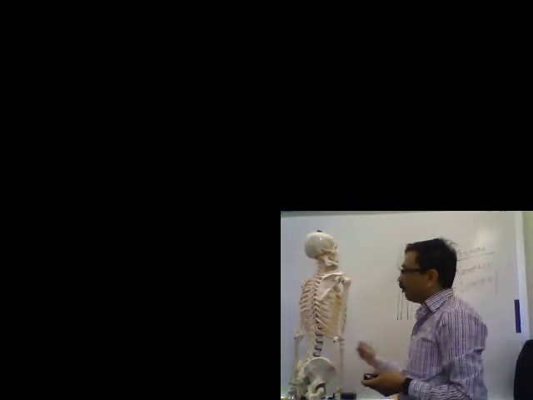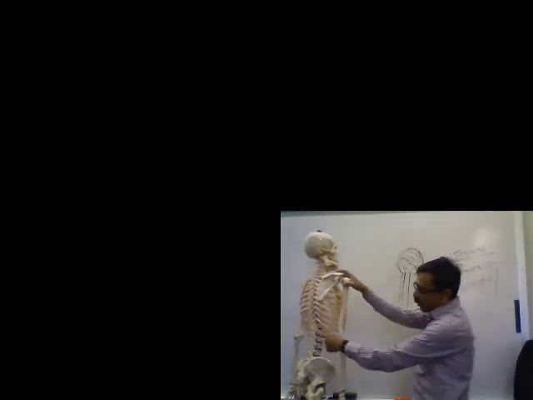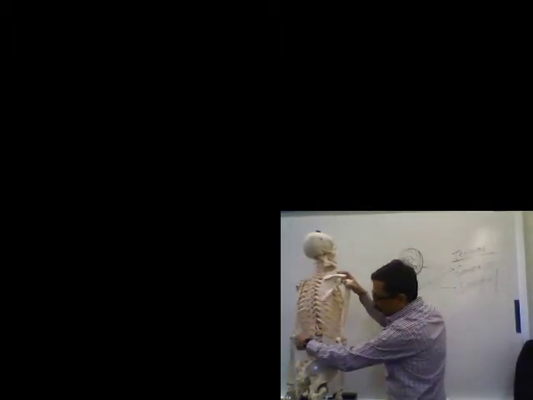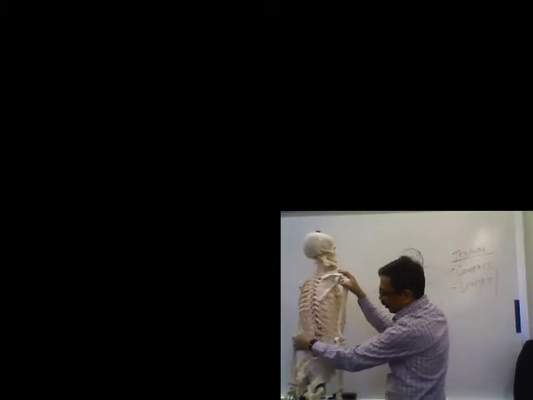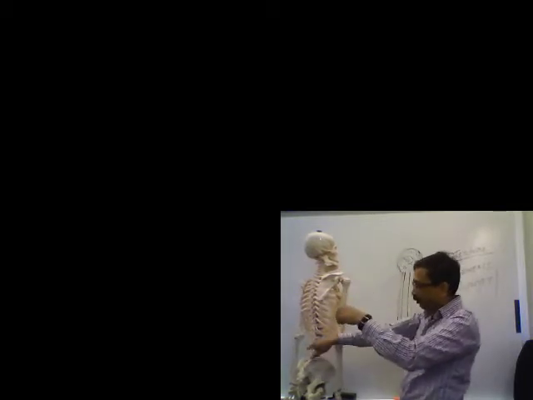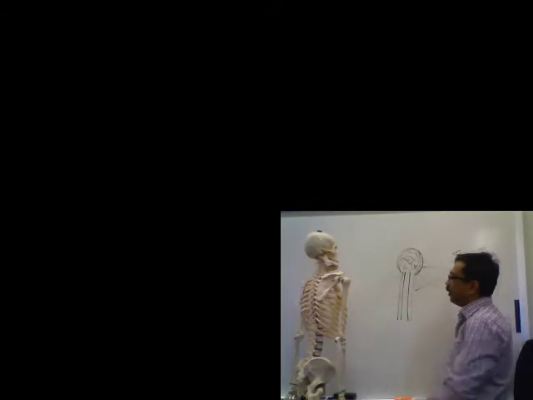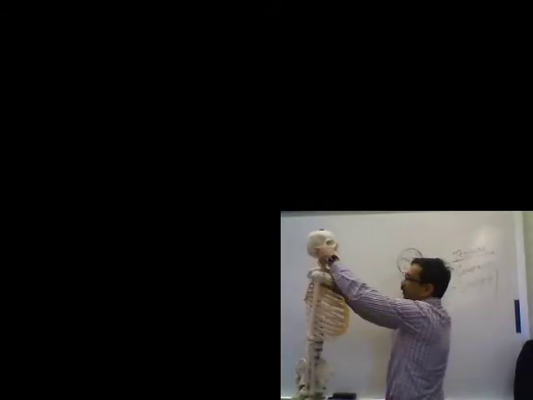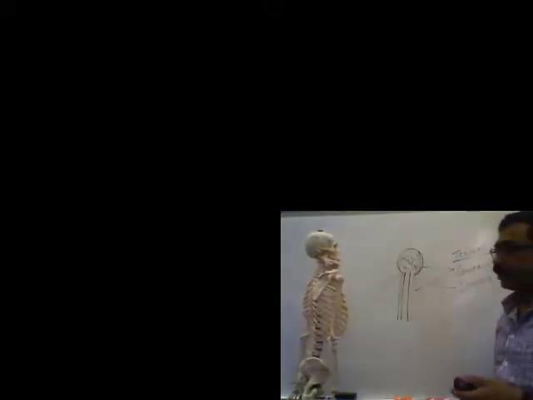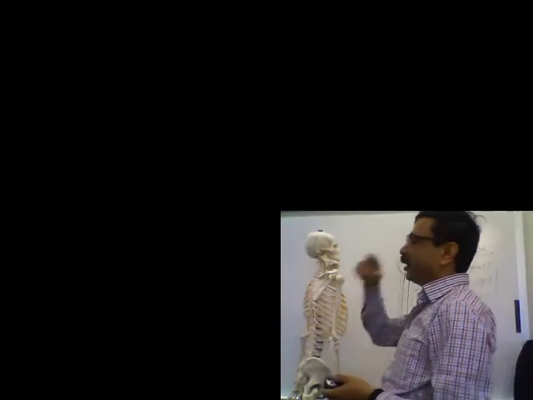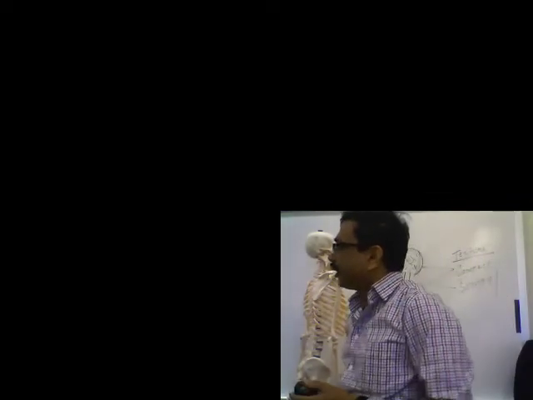For example, these two are transverse processes. We have the superior articular process in the vertebrae, and the inferior articular process. This is the styloid process, very sharp. This is the mastoid process. So all these are processes. Okay? We'll see many processes when we study the bones.